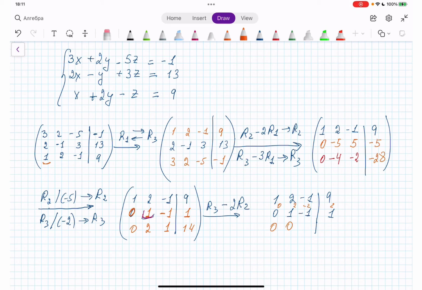And then 1 minus 2, right? It's going to be 1 minus negative 2. Hold on. Did I mess up? No, of course.